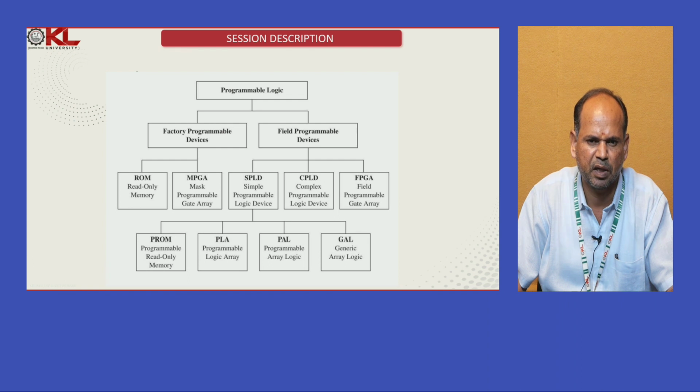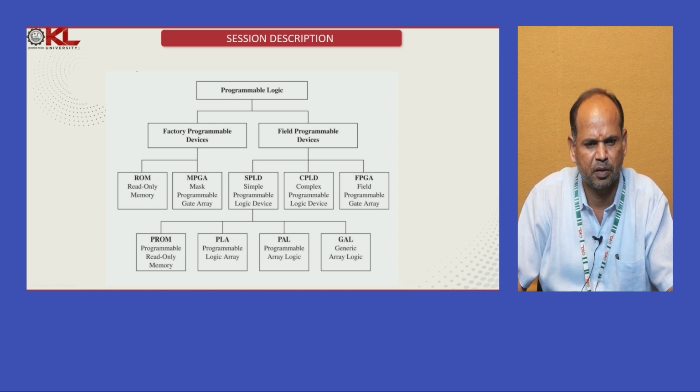Whereas the field programmable devices are divided into three types. The first one is simple programmable logic devices. The second one is complex programmable logic devices. And the third one is the field programmable gate arrays. But as per the course ASIC and FPGA chip design, here I am completely focusing on the simple programmable logic devices, which are again categorized into four types.